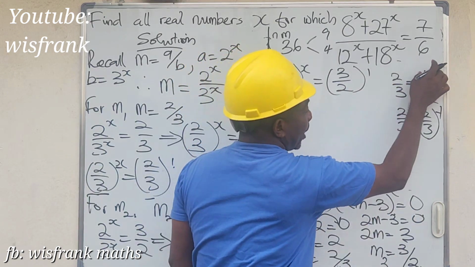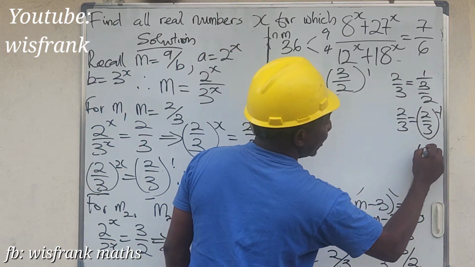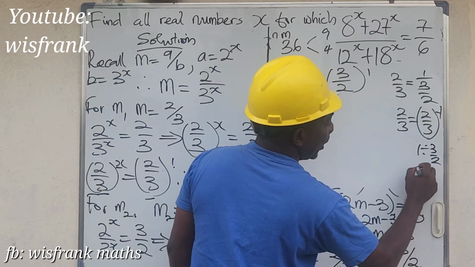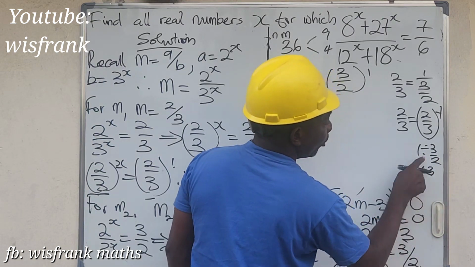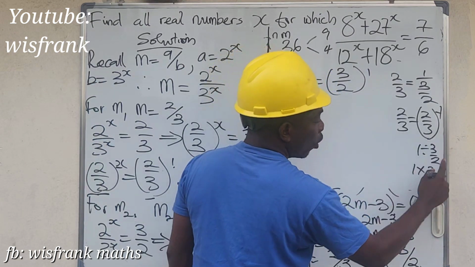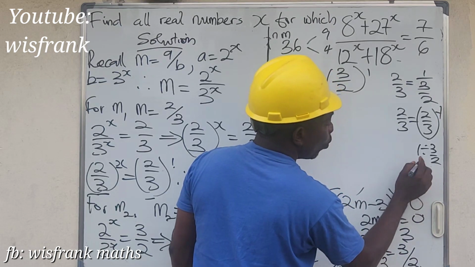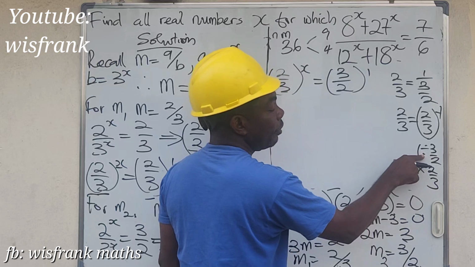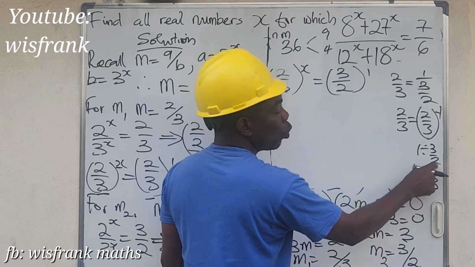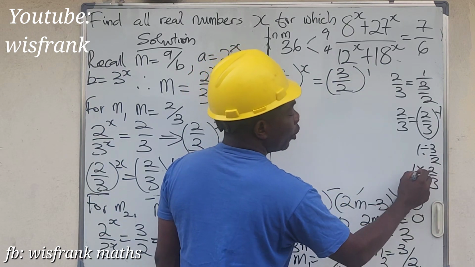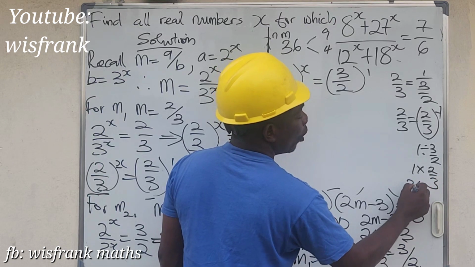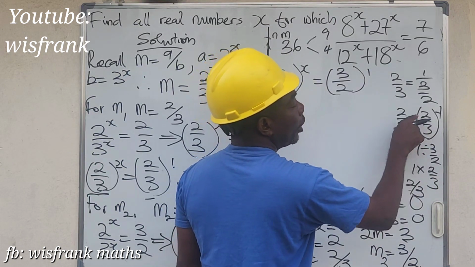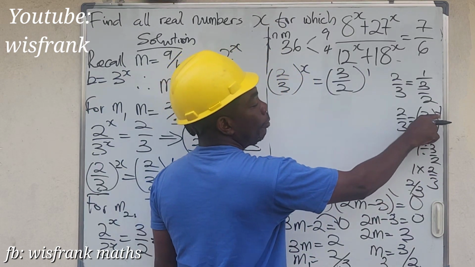If you expand this, we'll have 1 divided by 3/2. Here will become 1 times 2, because when we change division to multiplication sign, 2 will go up and 3 will come down. So if you multiply this, you have 2/3. That is why we have (2/3)^(-1).